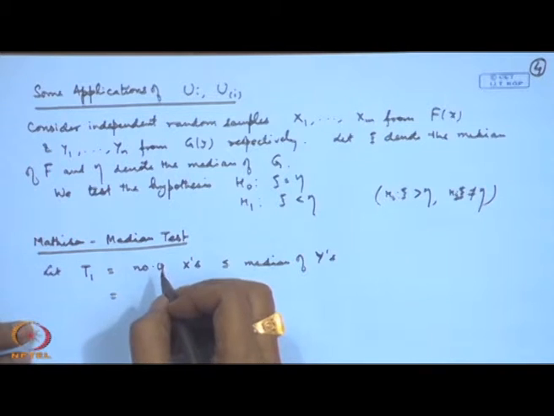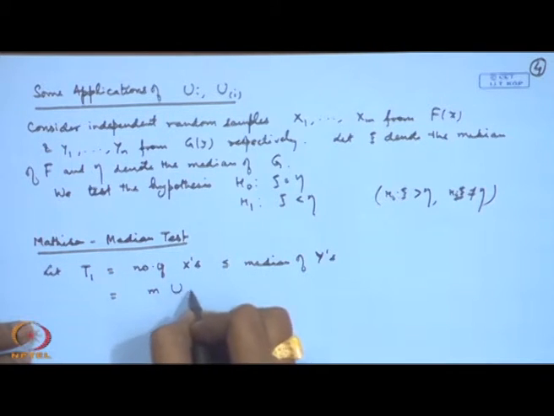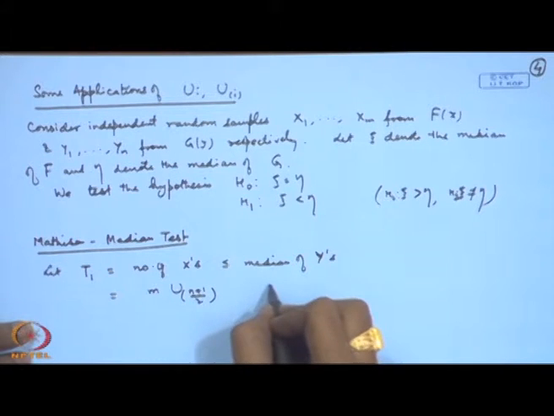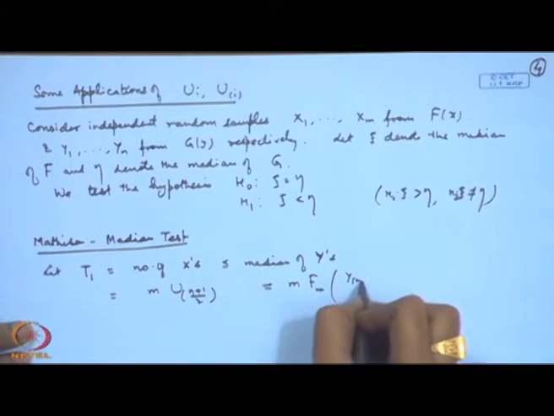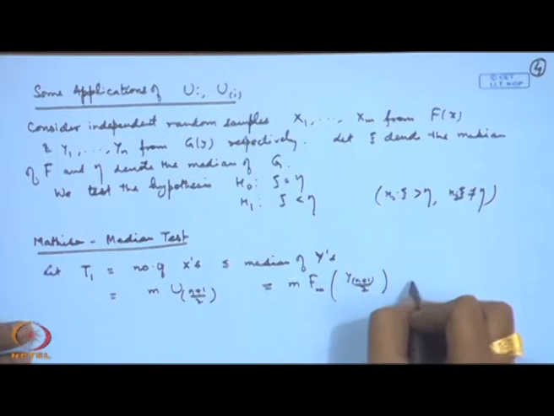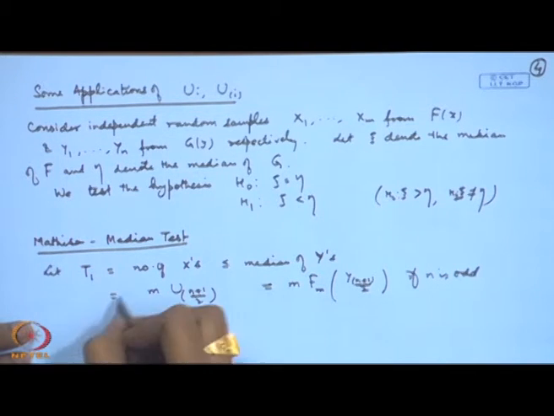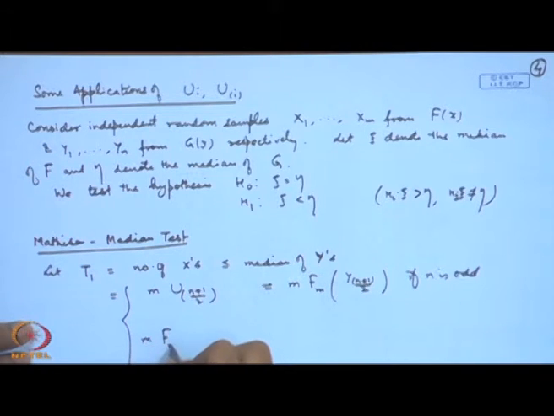So, we can consider it as m times u_((n+1)/2), that is the same as F_m of Y_((n+1)/2) if n is odd, and it is equal to F_m of (Y_(n/2) plus Y_(n/2+1)) divided by 2 if n is even.